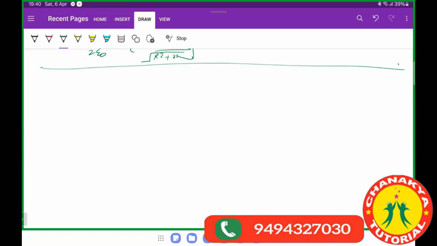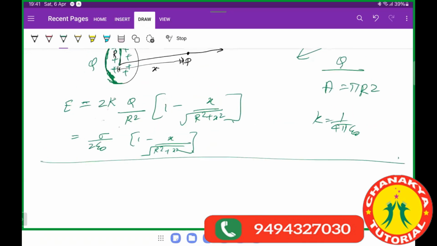If you get scared, you're done. So instead, just think: what is given, and what are the options given? From the options, find the formula. Whenever I'm solving a question, I always tell my students to keep the options in mind.